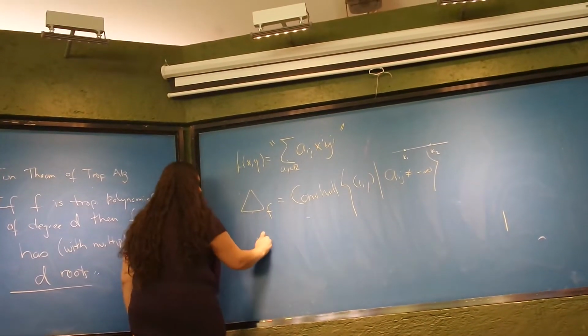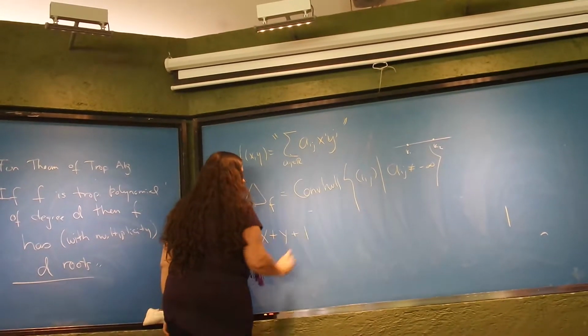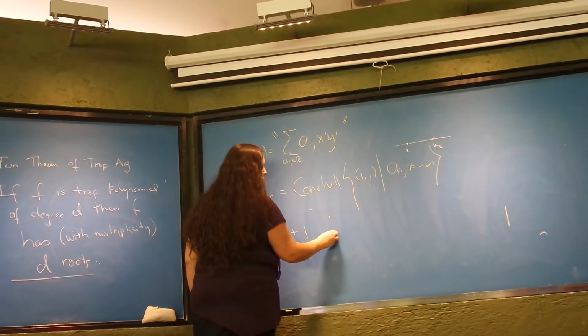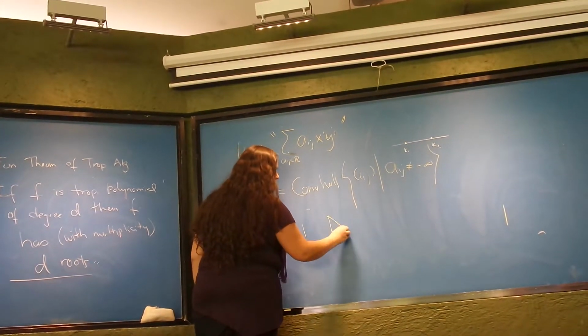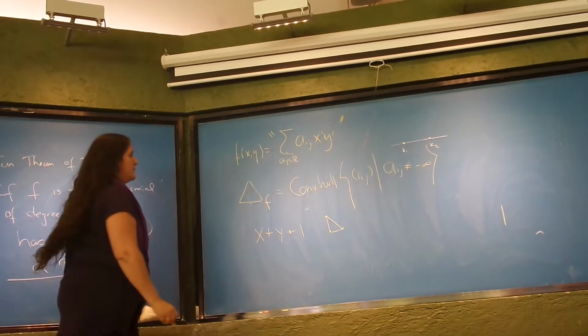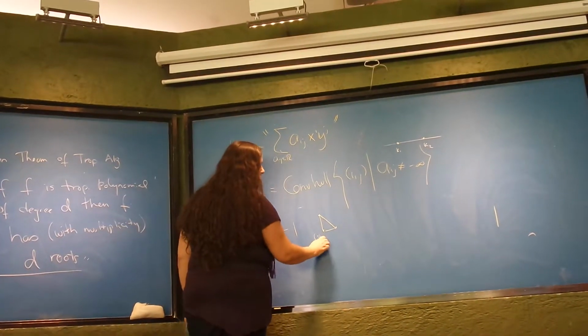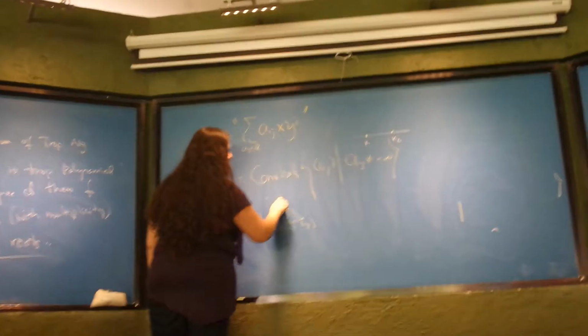Then, for example, if I take this polynomial, the Newton polytope will be the simplex with vertices in (0,0), (1,0), and (0,1).